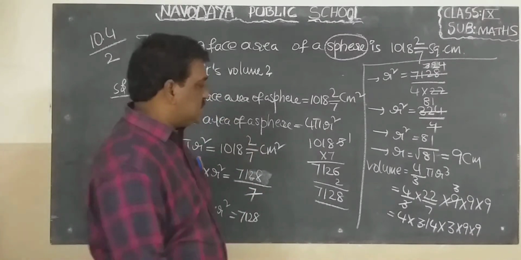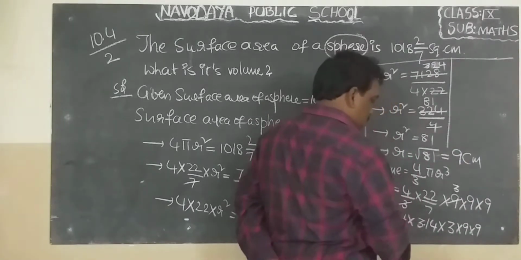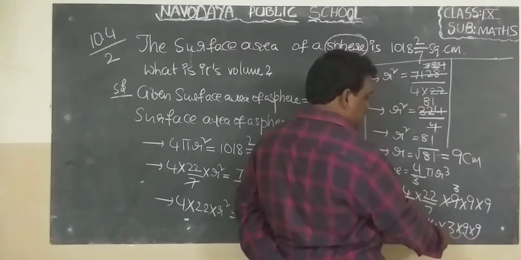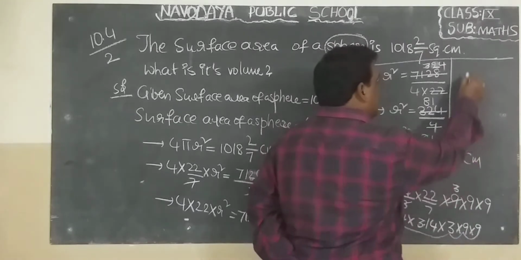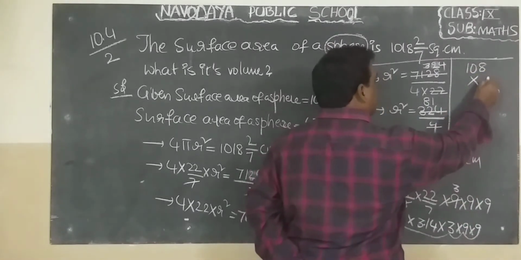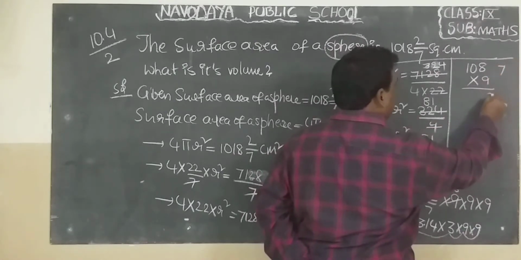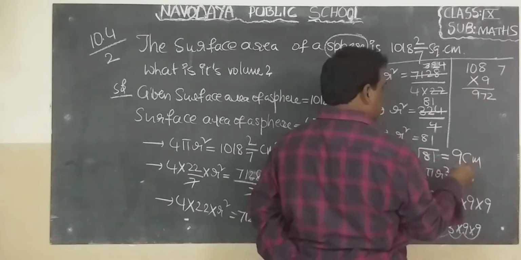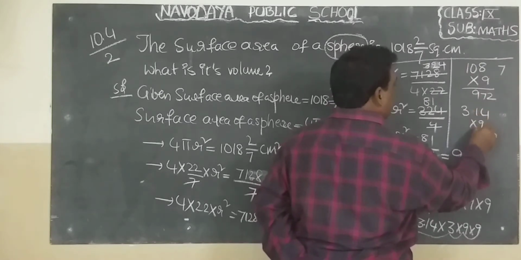Do multiplication. So rough work, multiplication. First multiply all the numbers. 4 into 3, 12. 12 9s are 108. 108 into 9. How much? 9 8s are 72. 9 0s are 0, 7. 9 1s are 9. So 972. 3.14 into 972.